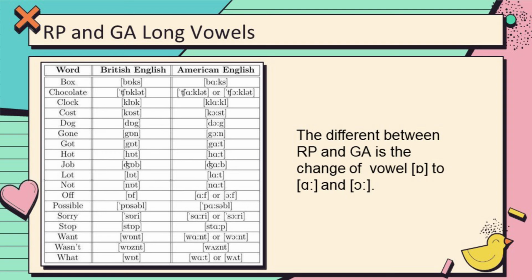The word box. In British English, it is pronounced one way, but in American English, it is pronounced another way. So that's the difference between British English and American English, or RP and GA. Sorry if I made some mistakes.